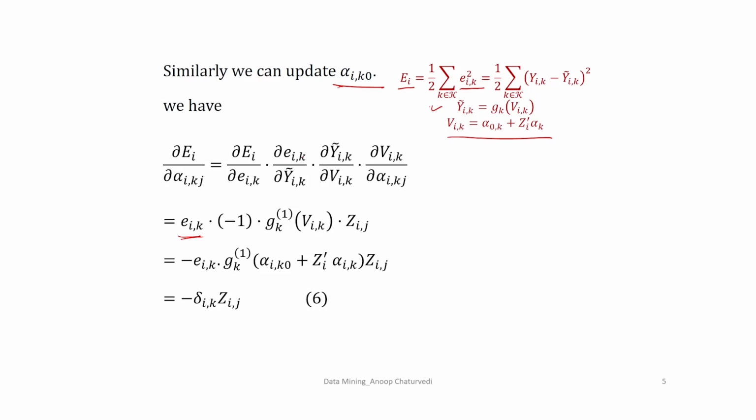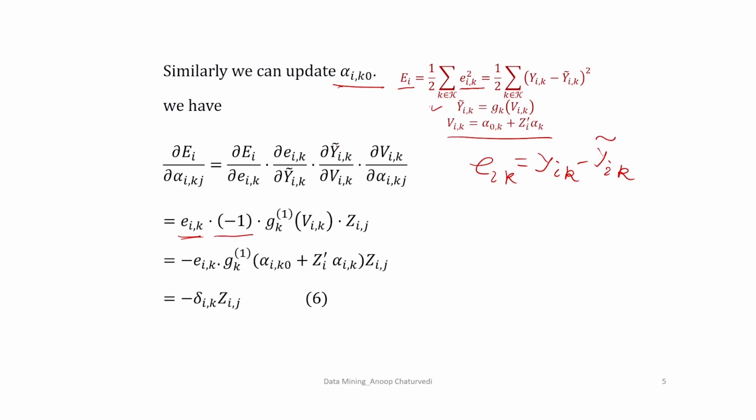Then ∂e_ik/∂ỹ_ik, e_ik is equal to y_ik minus ỹ_ik, and when we differentiate e_ik with respect to ỹ_ik, we get minus 1.